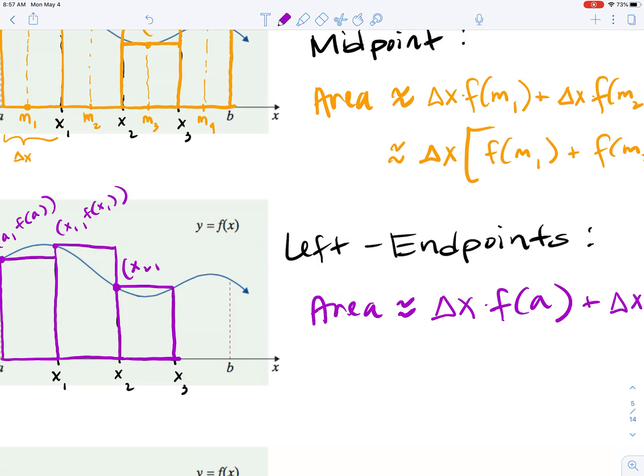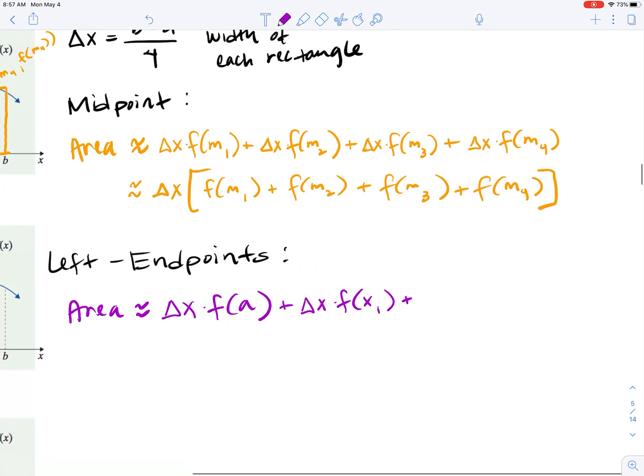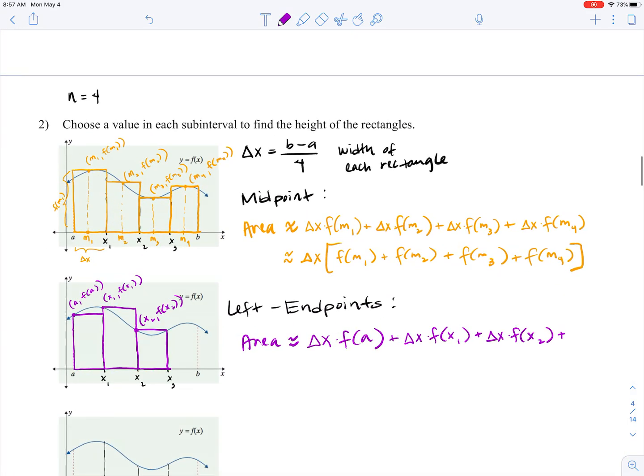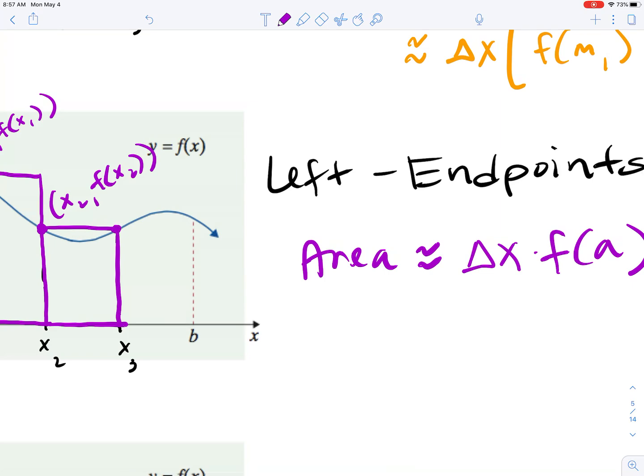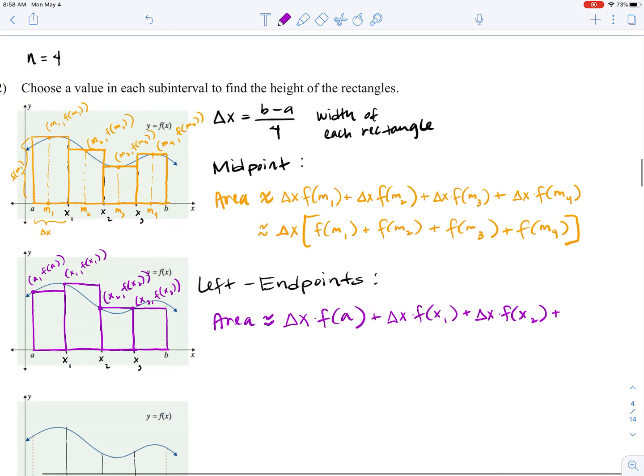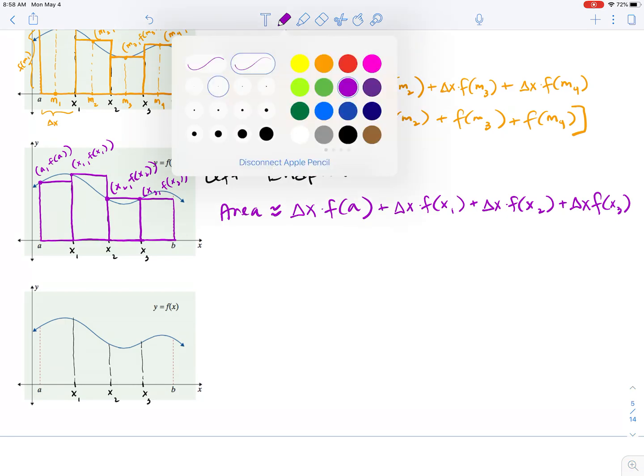And then x sub 2 would be the left endpoint of the third subinterval, so f of x sub 2 would be the height of the third rectangle. And f of x sub 3 would be the height of the fourth rectangle.